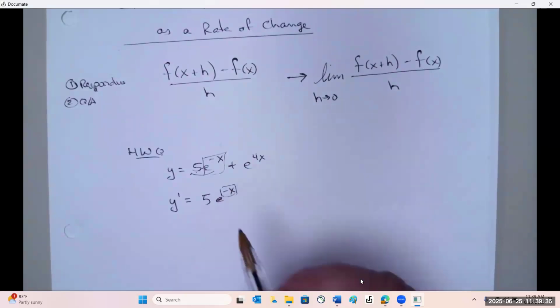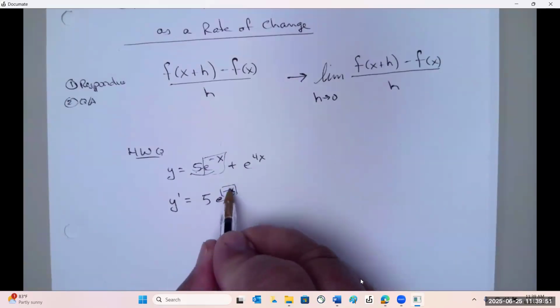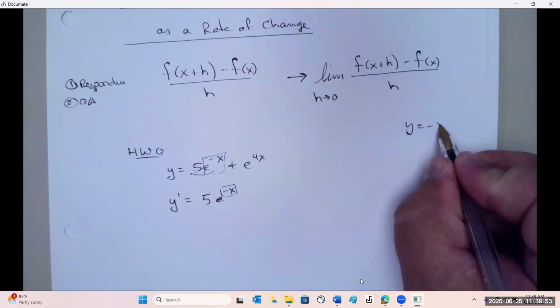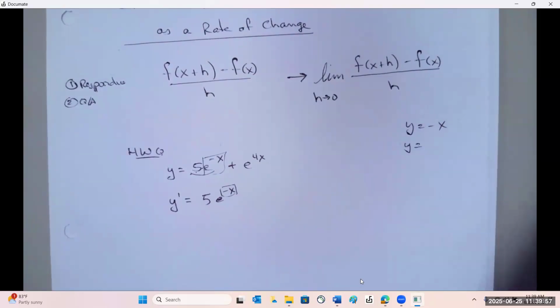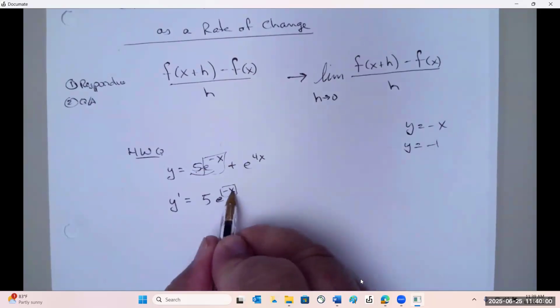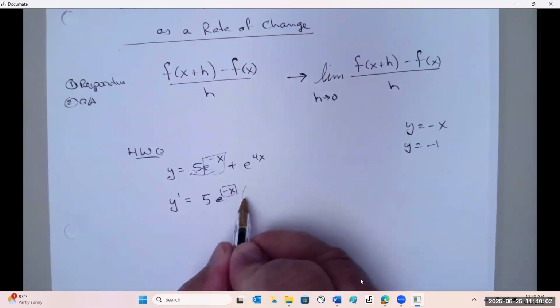The derivative of negative x would be what? If y equals negative x, what's the derivative of that? Negative 1. So that one is then multiplied by negative 1.